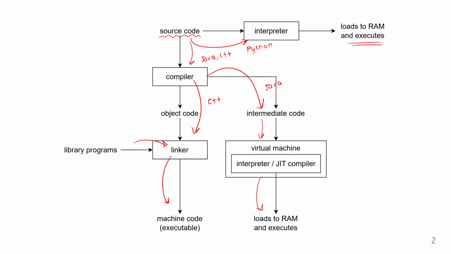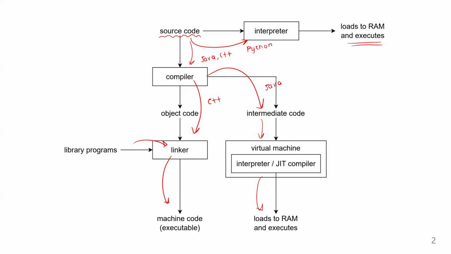But again, guys, this is a quick summary of translation where you start off at source code and you produce either an executable file or you run the code directly. If you take the interpreted route on the top of the diagram, you'll be running the code line by line while you're interpreting it or while you're translating the program.